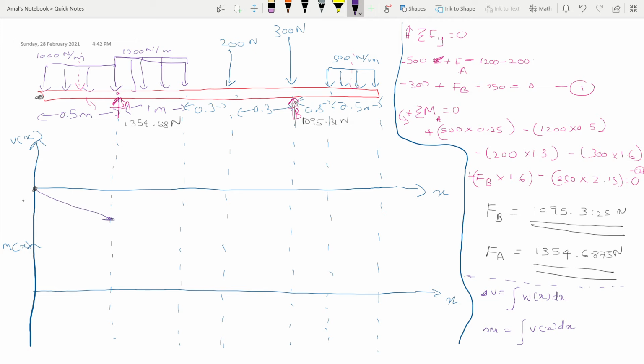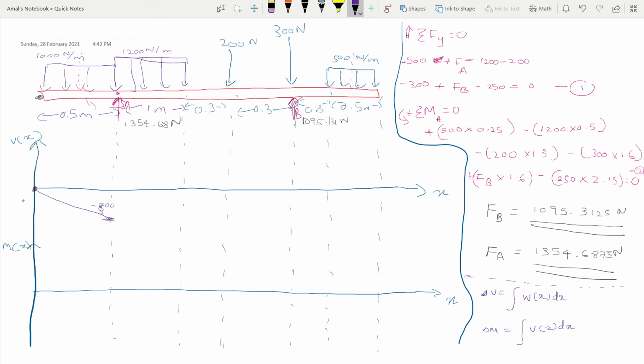How did I get that 500 number? That is the area under the first distributed load, 1000 times 0.5. That's the force. So the change in shear is equal to the integral of the distributed load. Integral means, in other words, the area. So it's going to be negative 500.